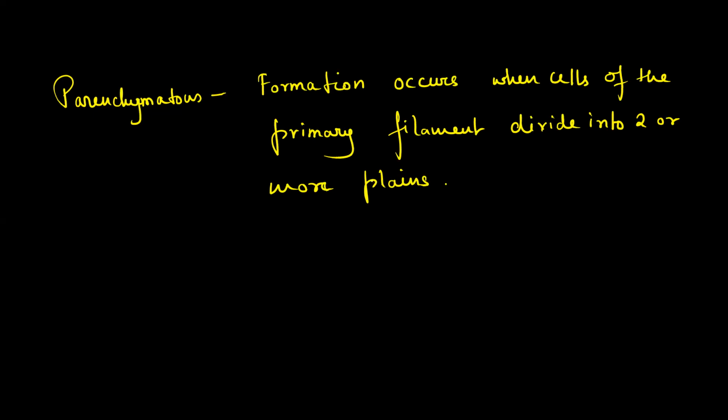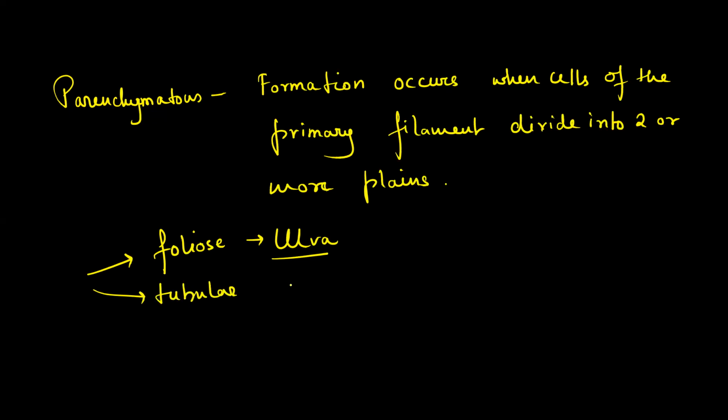The parenchymatous organization may be foliose. Example, Ulva. It can be tubular, right? Tubular, example, Enteromorpha.